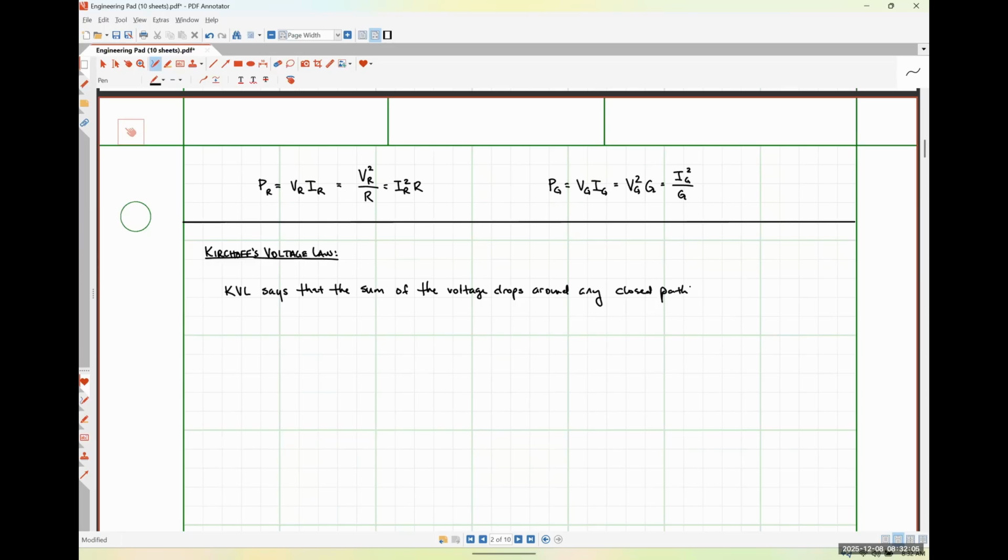So in this case, closed path means we start and end at the same node. So I'm just going to make a little note here. Must equal to 0.